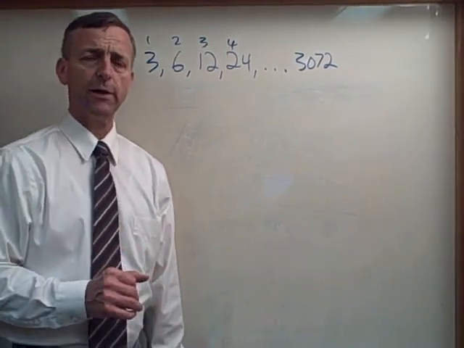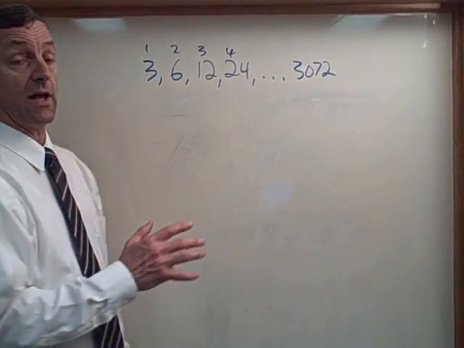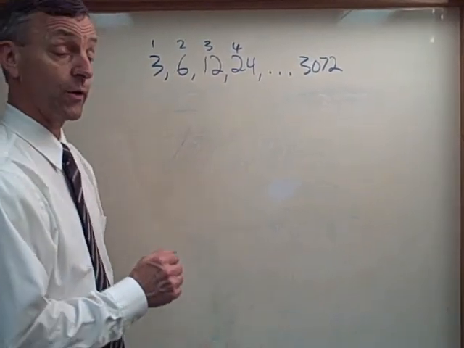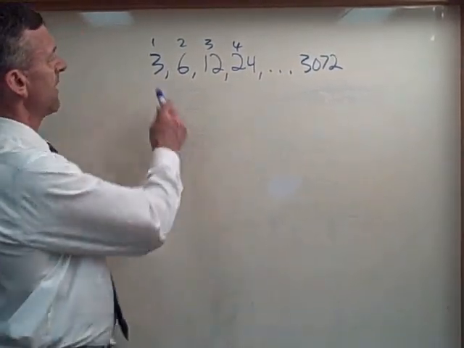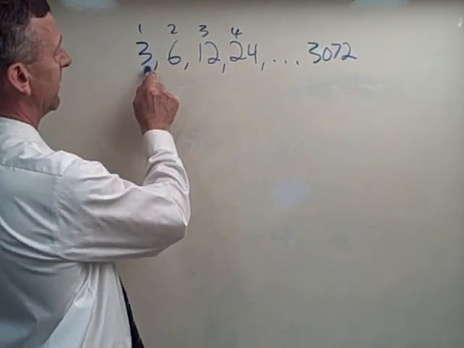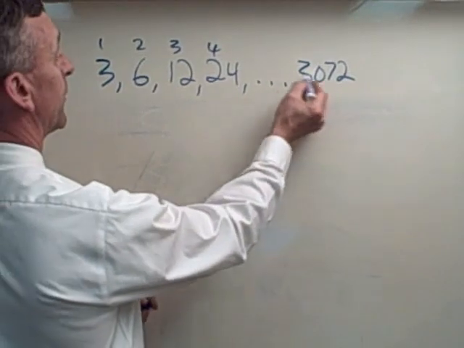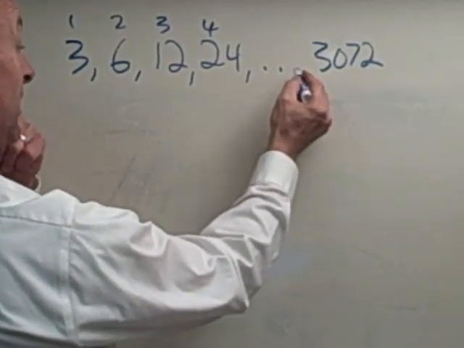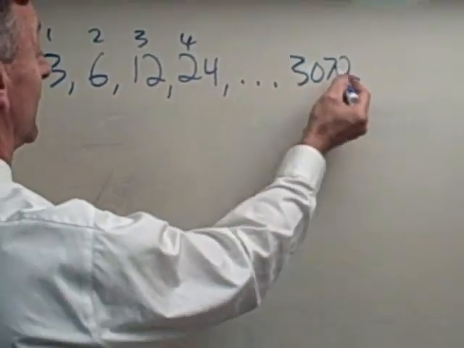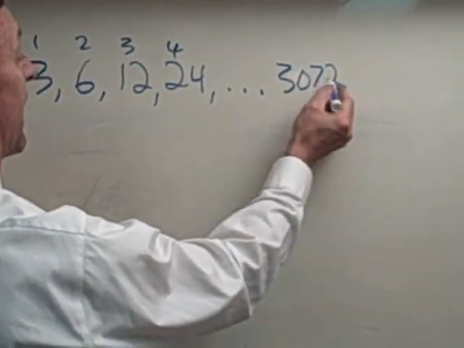You'll notice that if we try to approach this thing like Gauss did, as Corey showed us on Wednesday, adding 3 to 3072, oh, by the way, the one right before this is going to be what? Half of this.